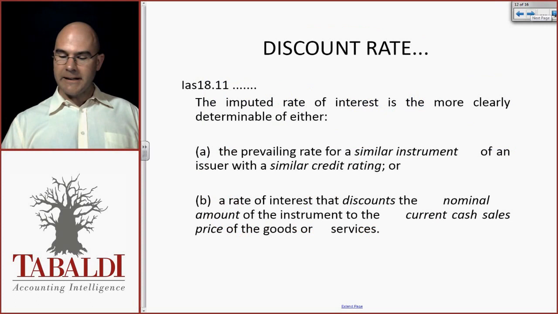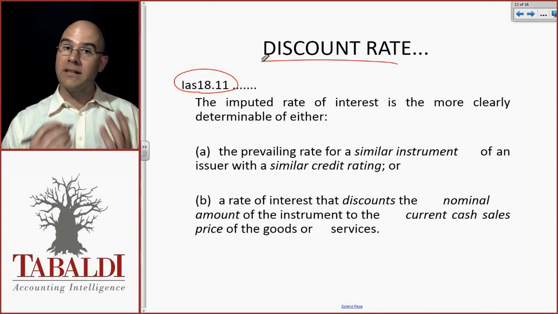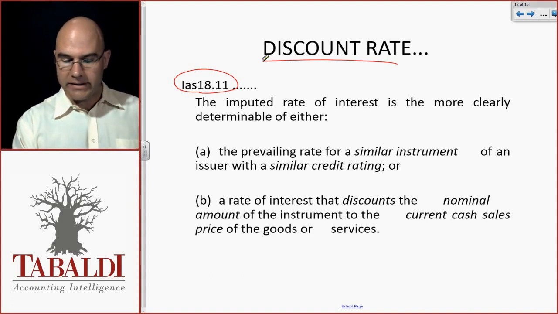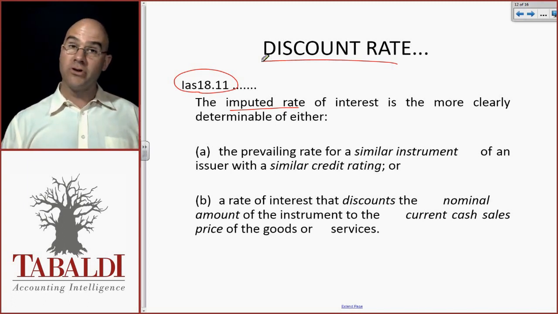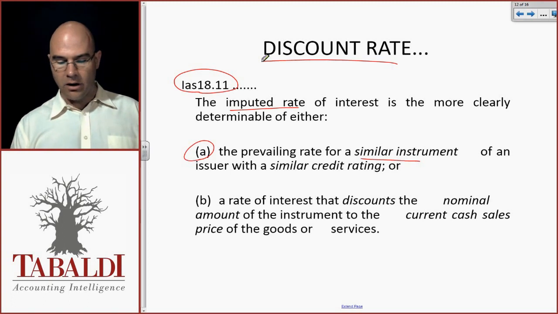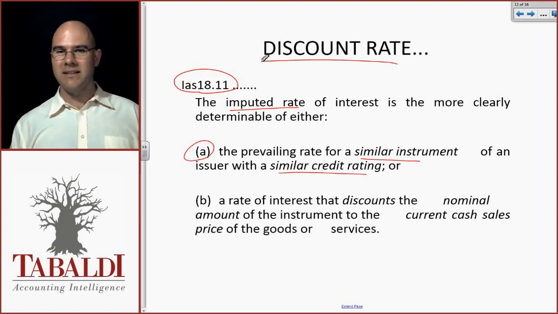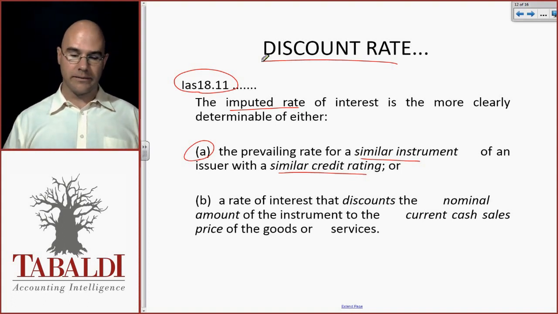One more thing to consider, with the discount rate, the standard IAS 18, paragraph 11, tells us what discount rate we should use. Well, it says the imputed rate of interest is the more clearly defined or determinable of either: the prevailing rate for similar instruments of an issuer with a similar credit rating, not so easy to determine unless you're doing high volume debtors on credit. Okay?